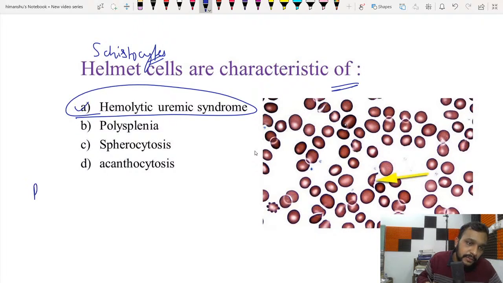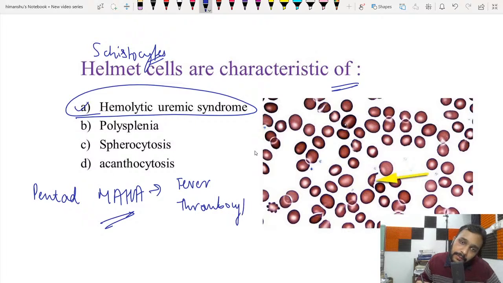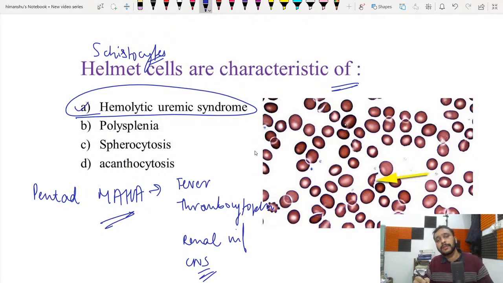So guys, you need to remember a pentad in microangiopathic hemolytic anemia. It is fever, thrombocytopenia, renal insufficiency, CNS problems, and MAHA.